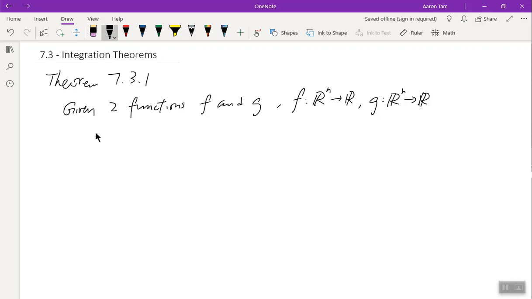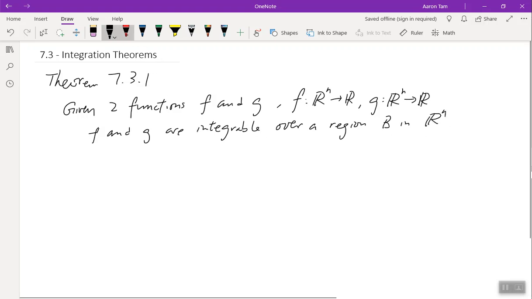Let's say that these two functions are integratable over a region B in Rn.